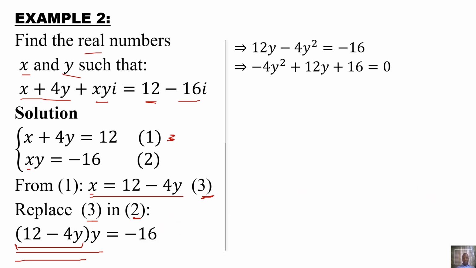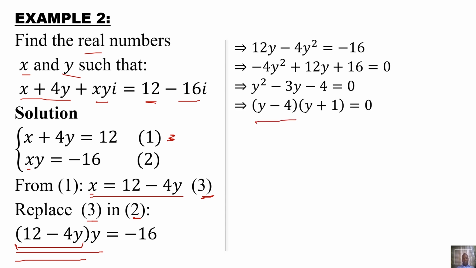Then we can divide both sides by negative 4 and we obtain y squared minus 3y minus 4 equals 0. We can solve this quadratic equation by factorizing. This gives y minus 4 times y plus 1 equals 0.